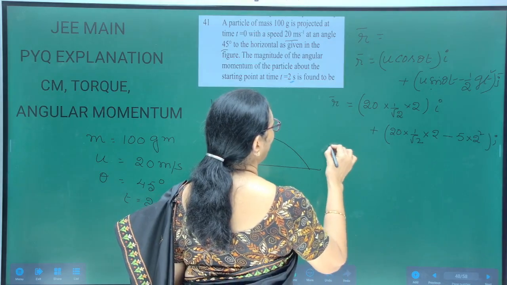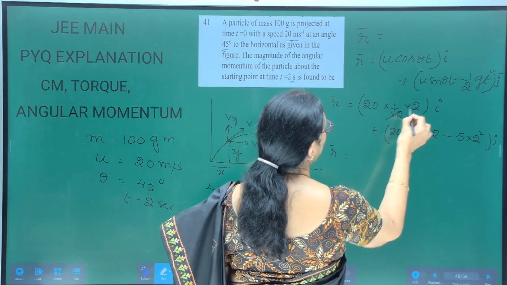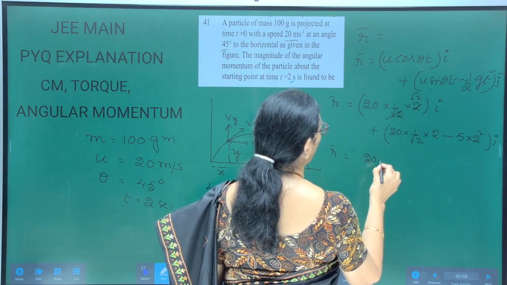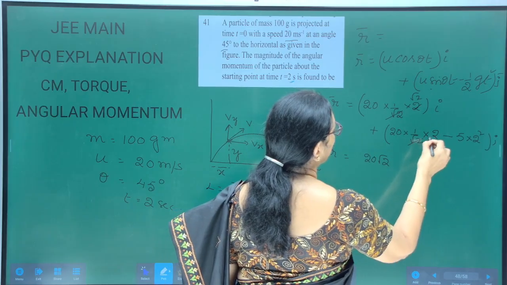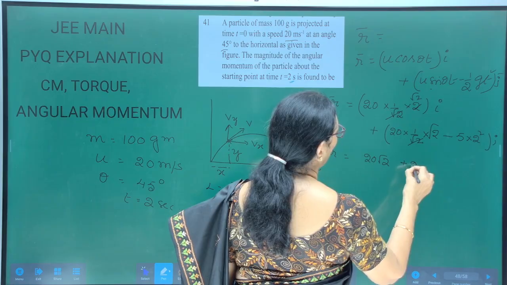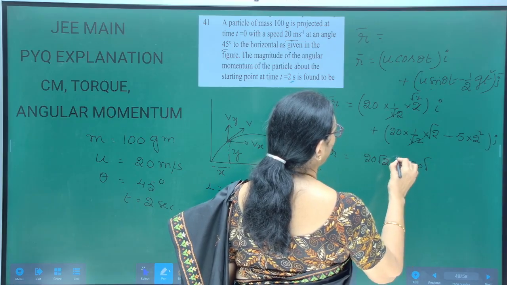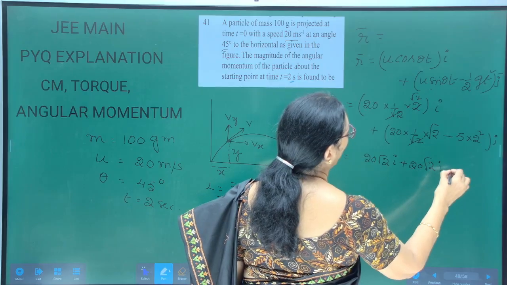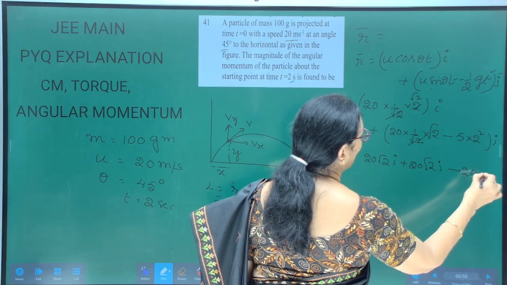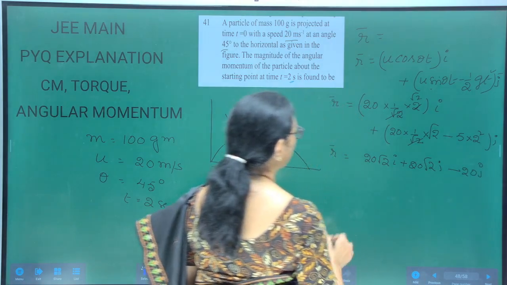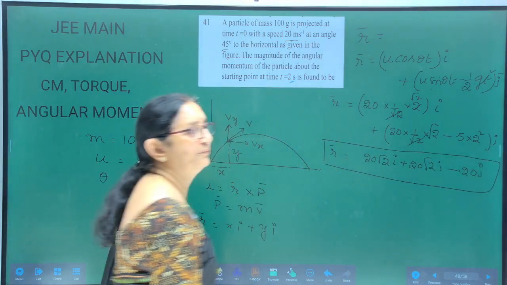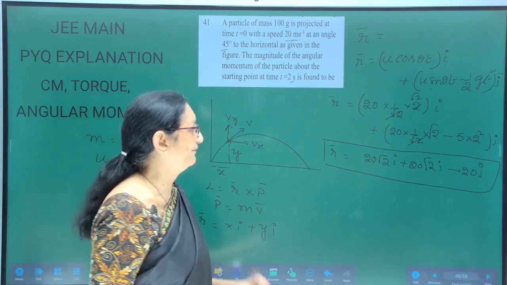So, here r bar is equal to 20 root 2 i bar, plus 20 root 2 j bar minus 5 into 4, that is minus 20 j. So, this is r bar, and next we need to find out the velocity vector.